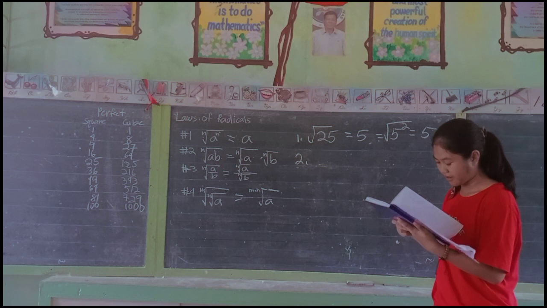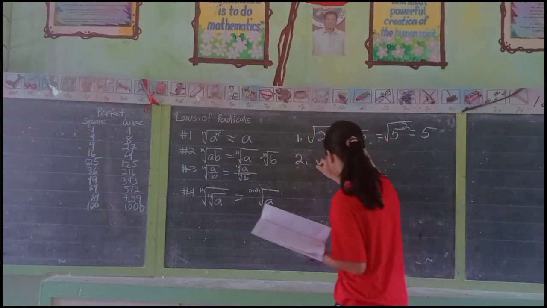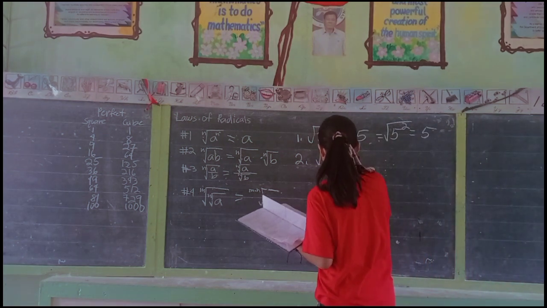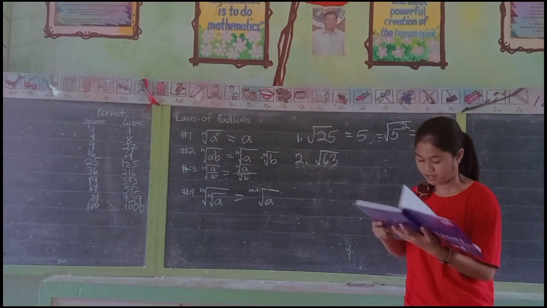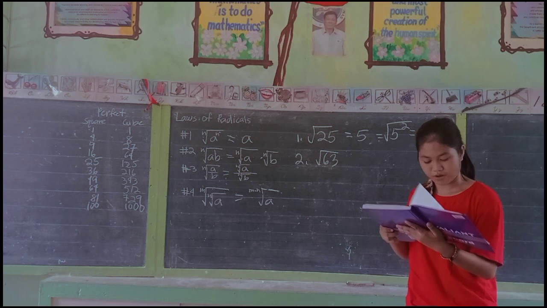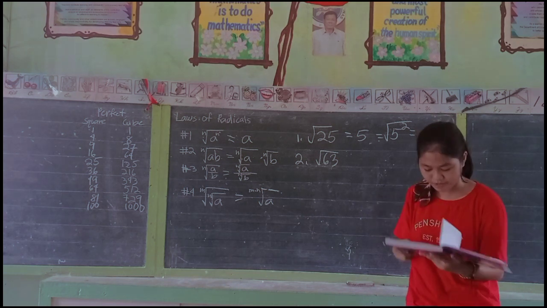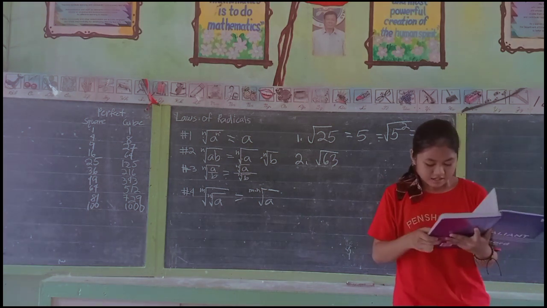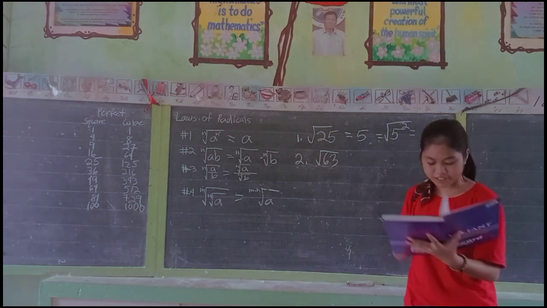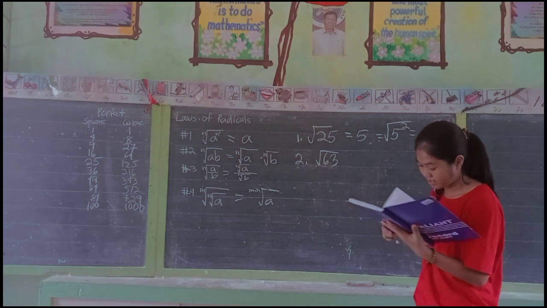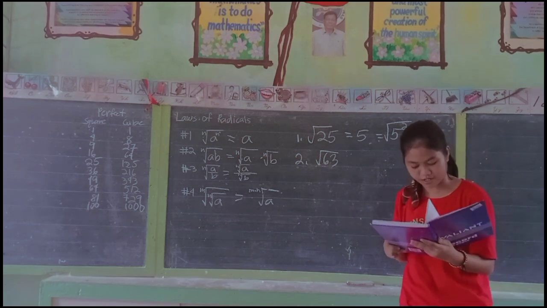In number 2, we have the square root of 63. As you can see, 63 is not a perfect square number. So how can we simplify this expression? If the number itself is not a perfect square, you need to factor 63 so that one of the factors is a perfect square.